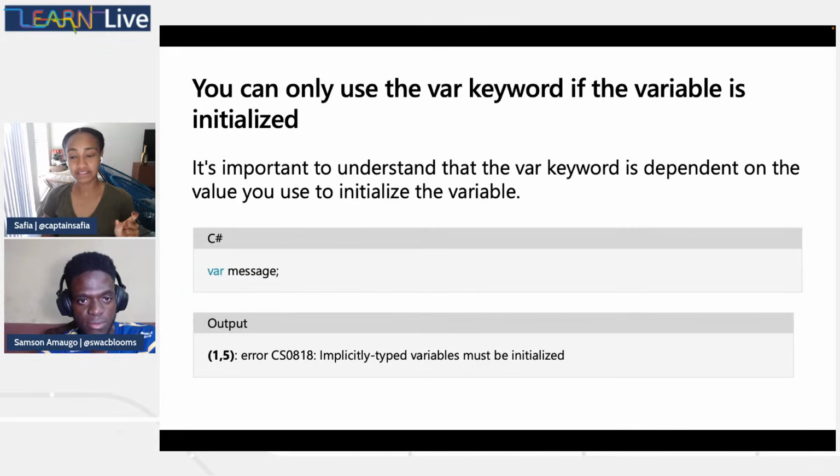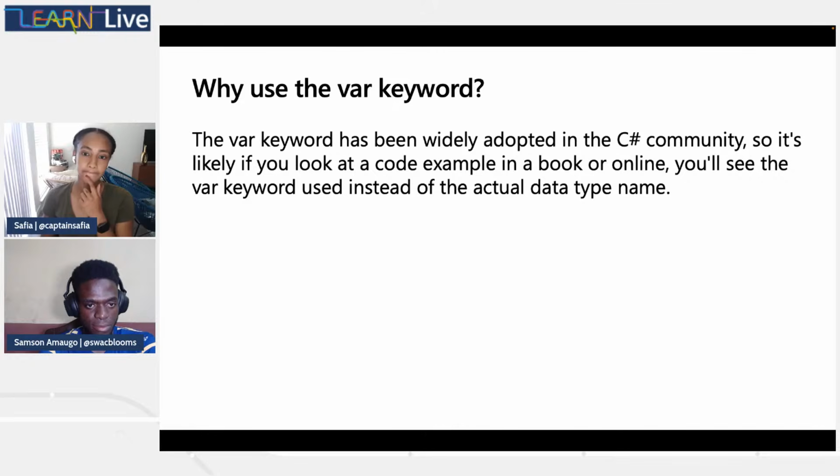One thing is that in order to be able to make an inference, the compiler has to have some data to look at in order to understand what the variable type is. So they do have to be initialized, and the initialization process is how the compiler gets the context clues it needs to determine the type of the variable. Right.